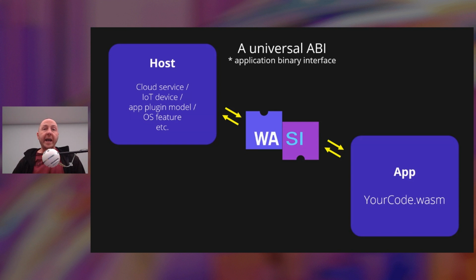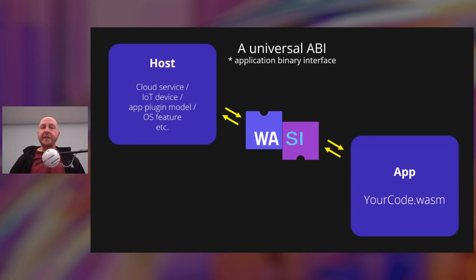Or it could be a plugin model for an application. For example, an Office plugin or a flight simulator plugin or plugin for some sort of industrial software. Or maybe it's some programmable feature of an operating system. And then the application code is, of course, just whatever code you, the developer, want to write.